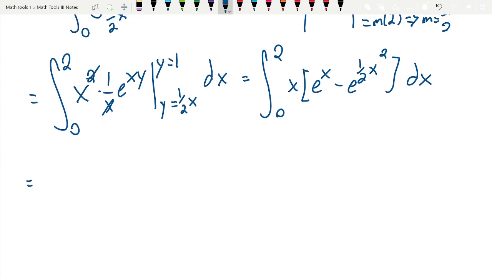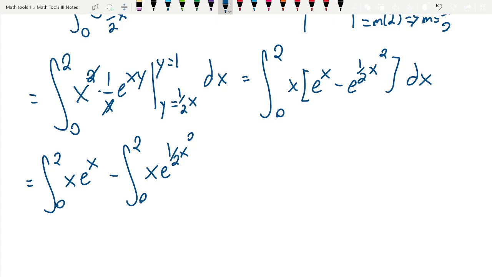So we'll break this up into two integrals. 0 to 2 of x e to the x, minus 0 to 2 of x e to the 1/2 x squared dx.